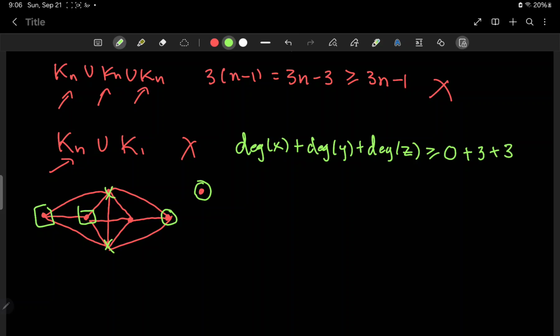Well, the smallest it could be is degree 3, which means the sum of the degrees is at least 6.